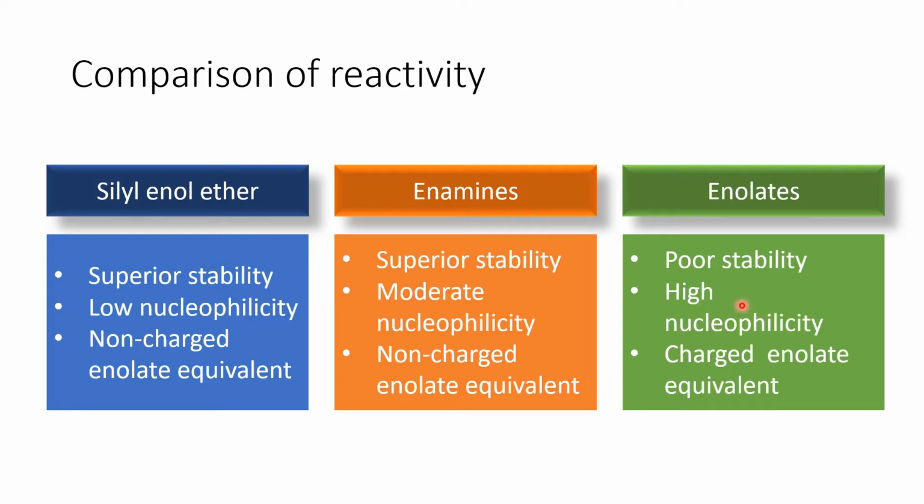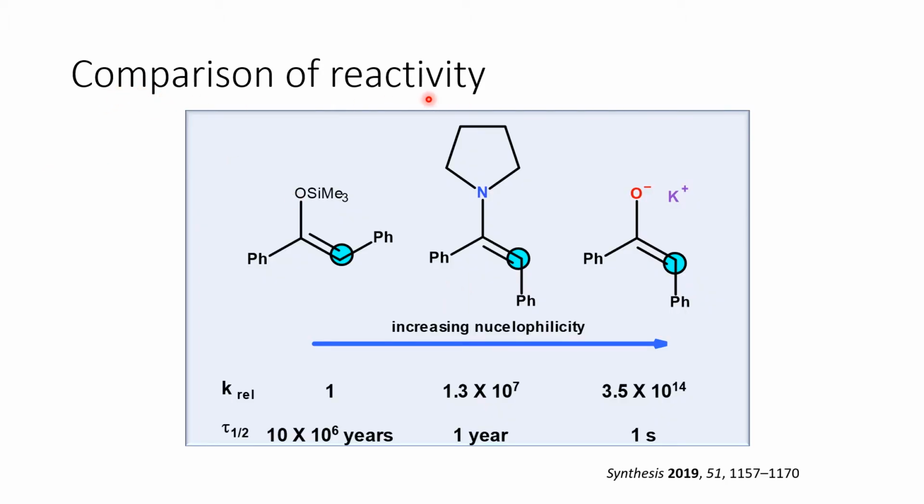Because of the high nucleophilicity, they also react with weak electrophiles like alkyl halides and esters; all those reagents can react with the enolates. In the case of silyl enol ethers, they require strong electrophiles for their reaction, and in the case of enamines, they can react with moderate electrophiles like acid chlorides, aldehydes, etc. Here we are comparing the reactivity of silyl enol ethers, enamines and enolates.